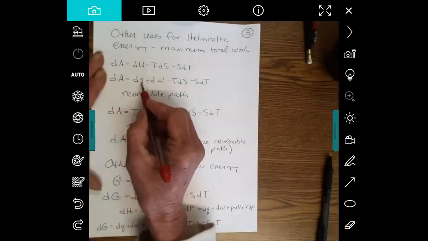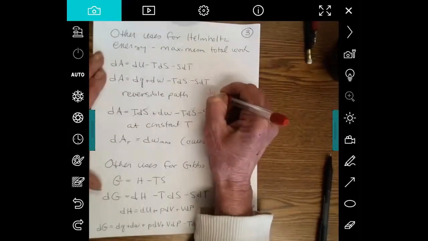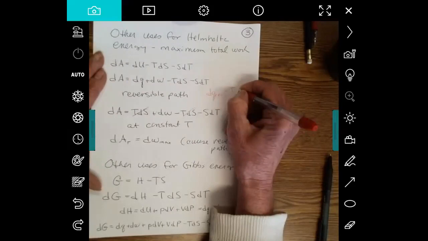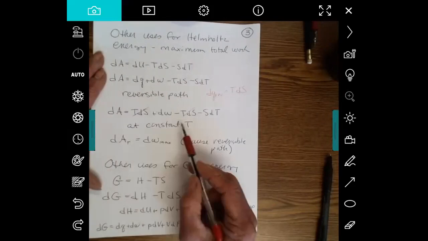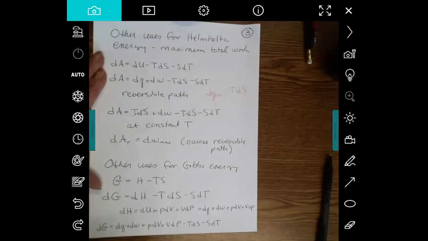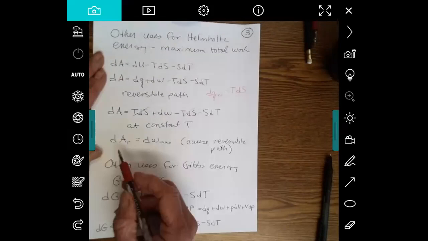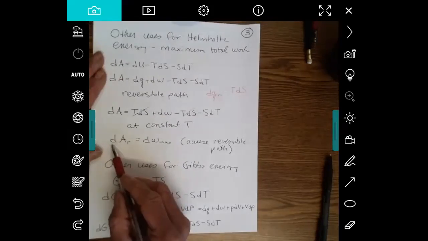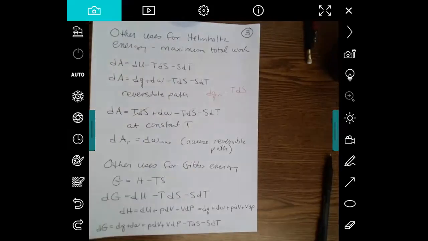then dq reversible equals TdS. So I can replace dq with TdS. I still have my work, but now this TdS and TdS can cancel. And if I'm at constant temperature, this will cancel. And therefore, a change in Helmholtz free energy for a constant temperature process is equal to the maximum amount of work the system can do, whether it's expansion work or other work.